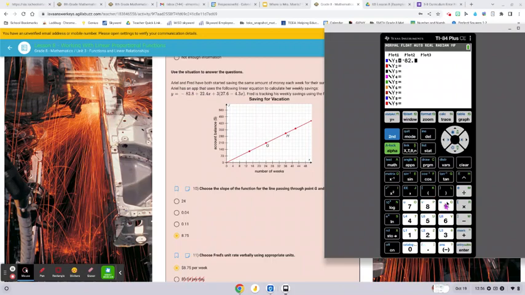Negative 82.9 plus 22.4 x plus 3 times the parentheses 27.6 minus 4.3 x, close the parentheses. You just want to double check that you copied the right side of the equation exactly. All right, if you want a visual, there it is. You can click graph, but let's see what they wanted.